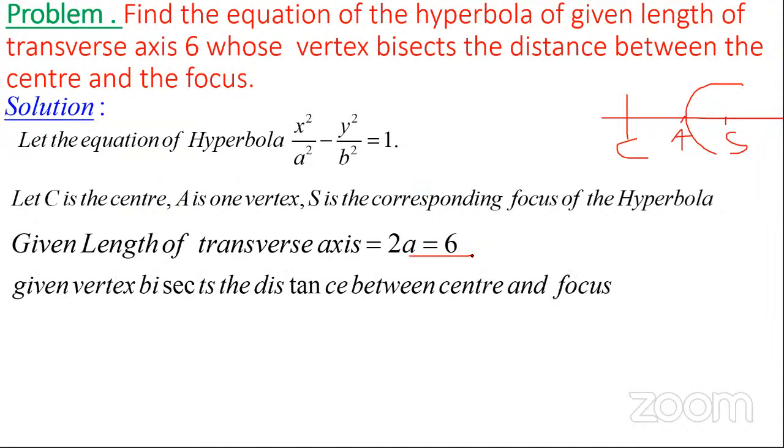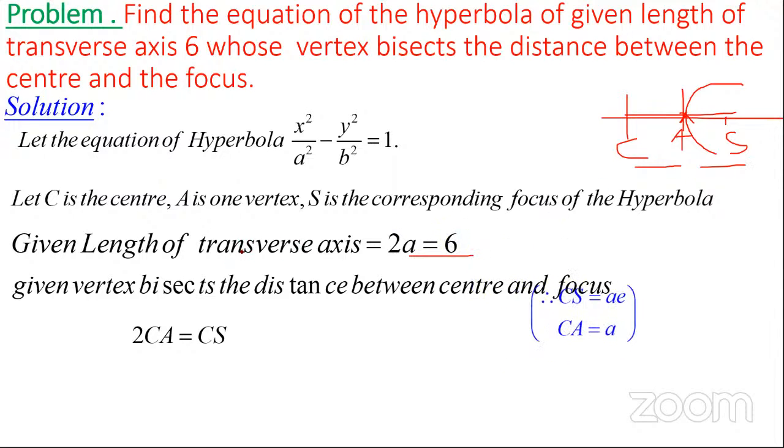Now, given that the vertex bisects the distance between center and focus, CA equals CS. The vertex A bisects CS with the same distance. So 2CA equal to CS.